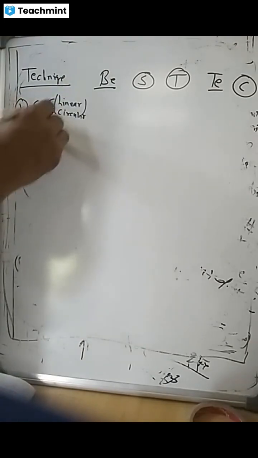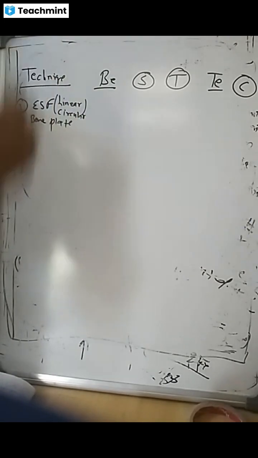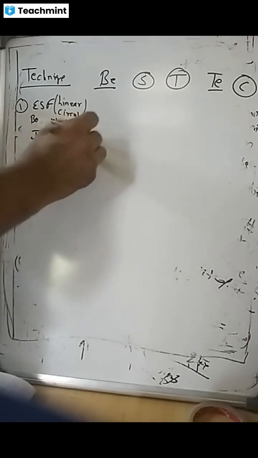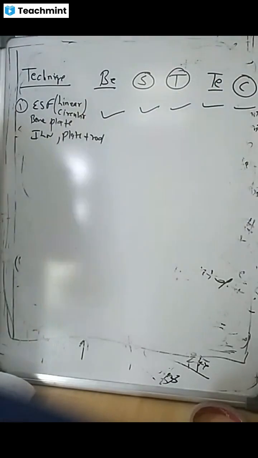Second, bone plate. Interlocking nail. One more, plate plus rod. So these techniques will neutralize all the five forces. That's why they are the best technique.